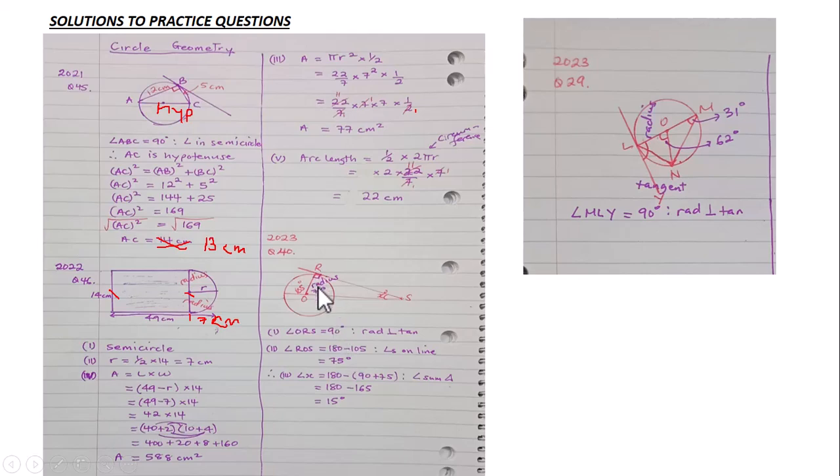Why 180? Well, that's the angle sum in a triangle. 90 plus 75 is 165, so 180 minus 165 is 15 degrees. And a reminder again, if they do not give you the units, please write the units.